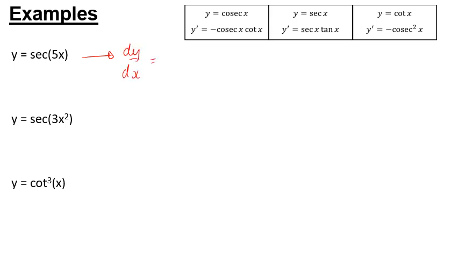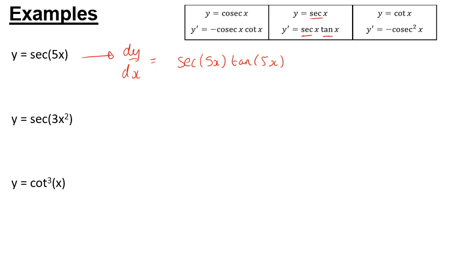So in this first one, we've got sec of 5x. So remember that these are in the formula booklet. I would look straight to the formula booklet and I would see that sec becomes sec tan when you differentiate it. So if it's sec 5x, it will become sec 5x tan 5x. So far I'm just following what the formula booklet tells me.